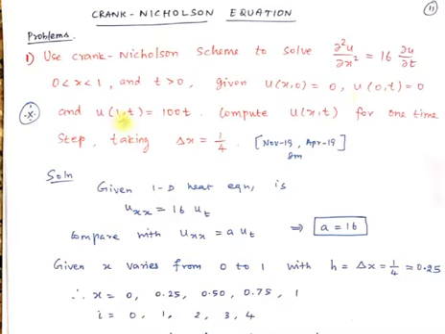So x varies from 0 to 1 with the step size del x equal to 1 by 4. That means h equal to 1 by 4, which is 0.25. So the x values are 0, 0.25, 0.50, 0.75, 1. So i is 0 to how many values? Total of 5, so it is 0 to 4.